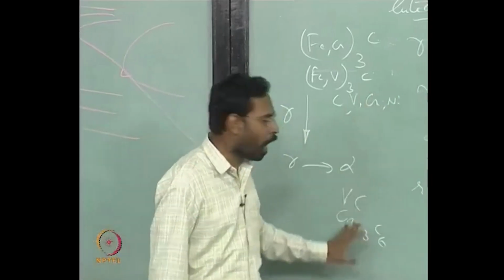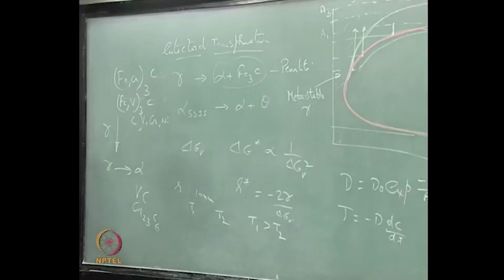If you have no carbide former, something like nickel, nickel does not form any carbides, then what should happen? That is where diffusion plays a role.